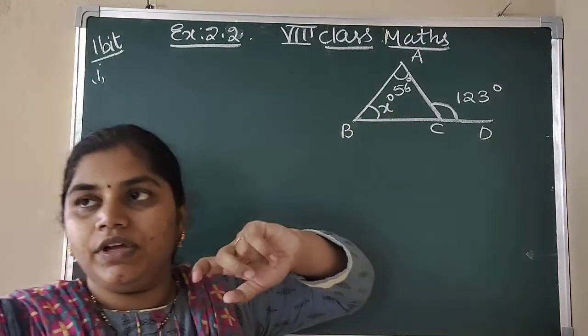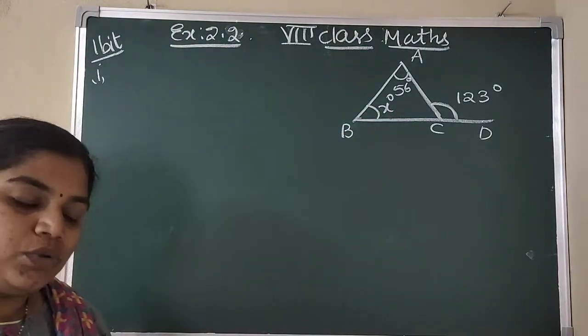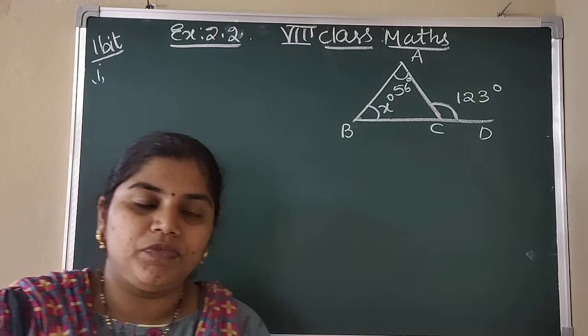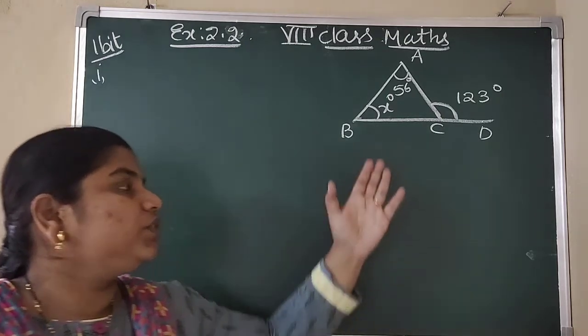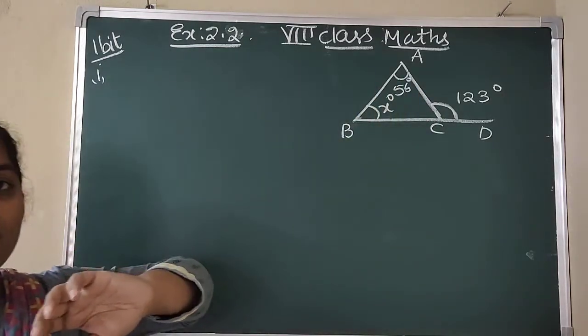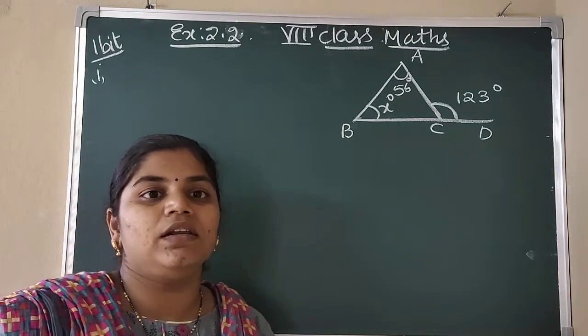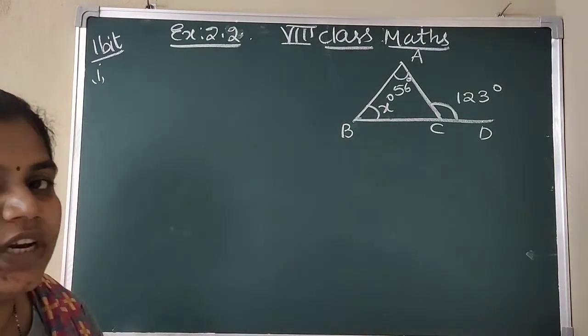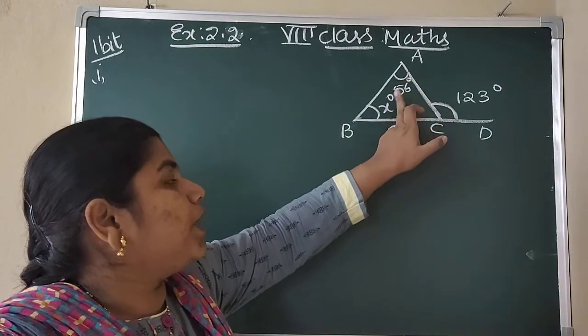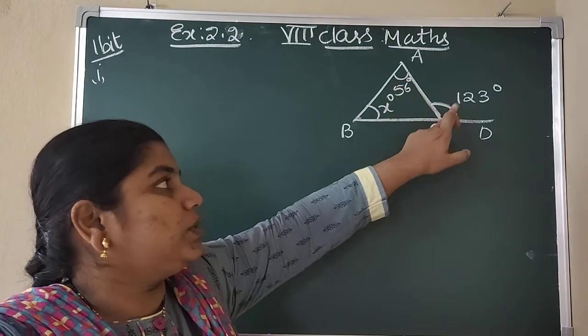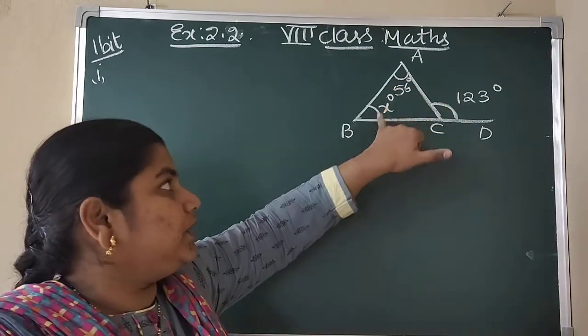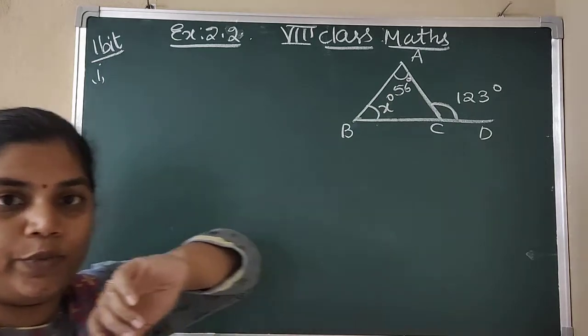Already in 7th class we have learned about properties of a triangle. So how to find this x value now? Already we know the exterior angle property. What do you mean by exterior angle property? The sum of two angles should be equal to the exterior angle. If you add these two, the answer will be equal to 123 degrees.